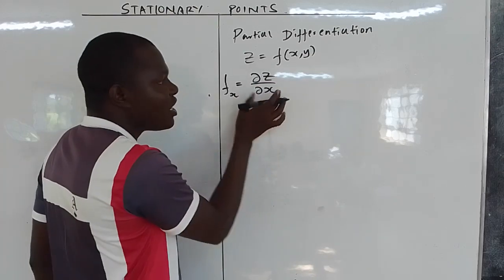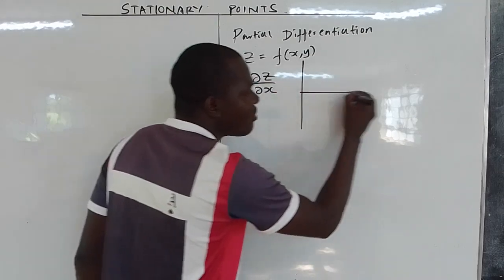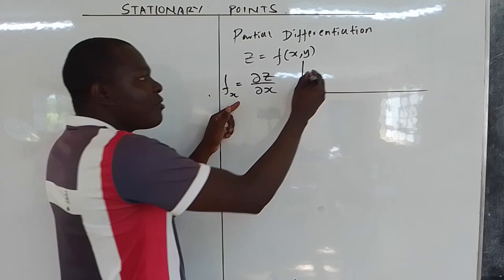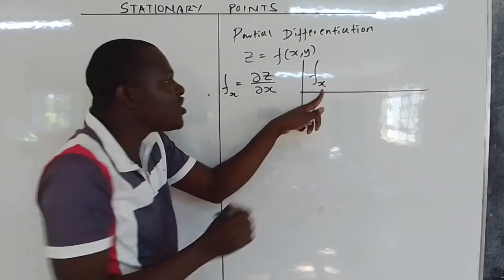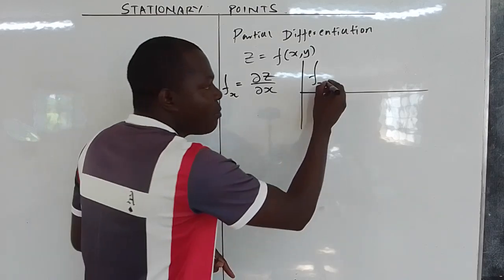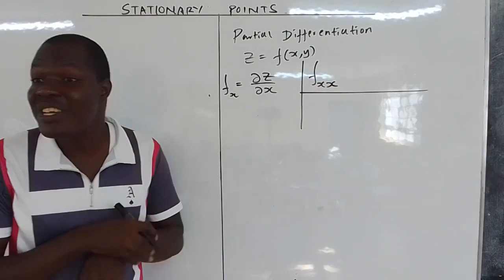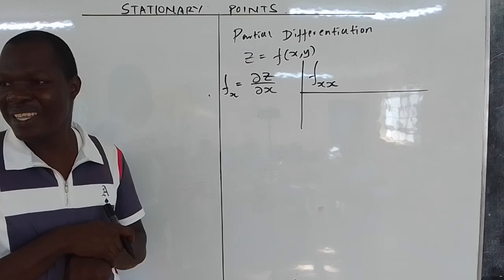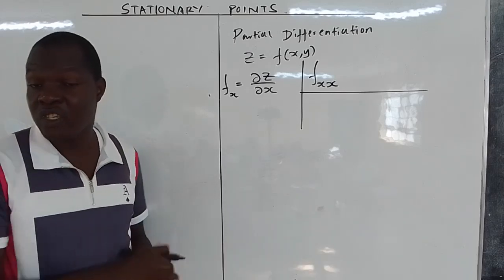From this derivative, you can get two more derivatives. The first time, you differentiated partially with respect to x. For the second time, you can do it again partially with respect to x. This is successive differentiation.